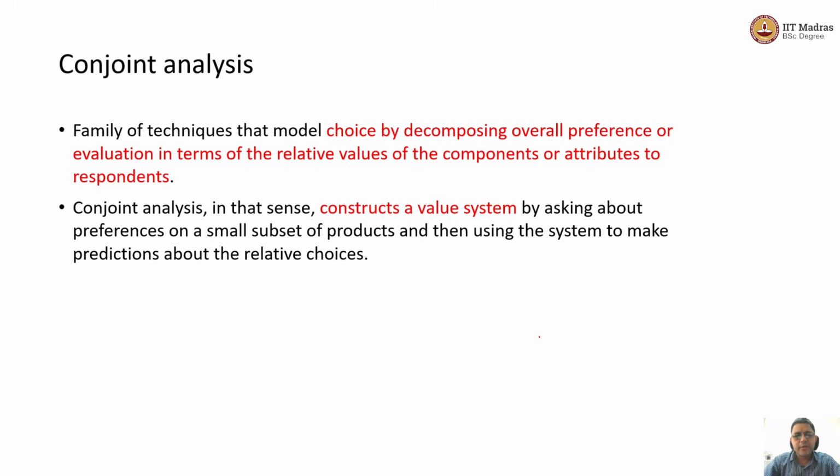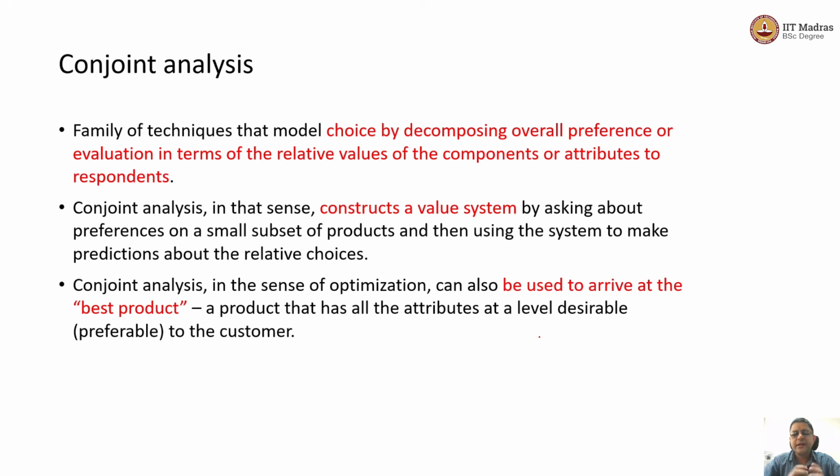When we look at the optimization model for conjoint analysis, we are then trying to construct the best product, a product which has attributes at the most desirable level to the consumer, right? That's what we will build, and that's what conjoint analysis tries to build.